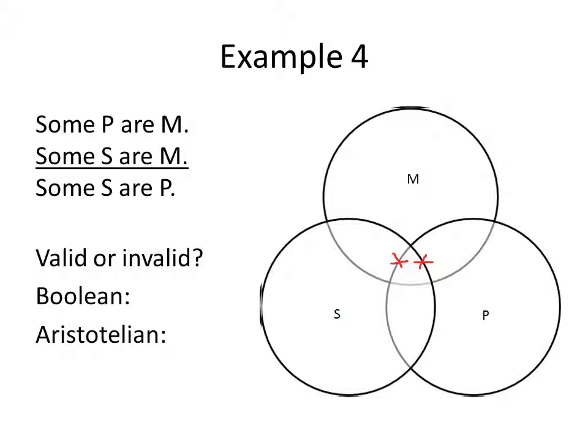We split the difference. Okay, so now we want to know, is this valid or invalid from the Boolean and Aristotelian perspectives? Well, what we want to know is, is it the case that some S are P according to this diagram? Well, let's think about it.